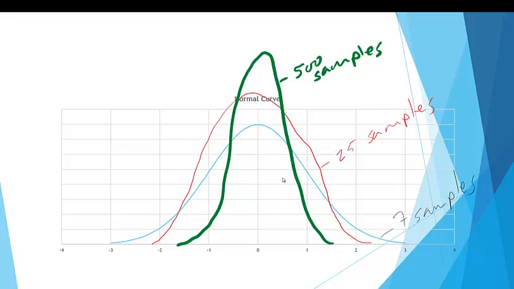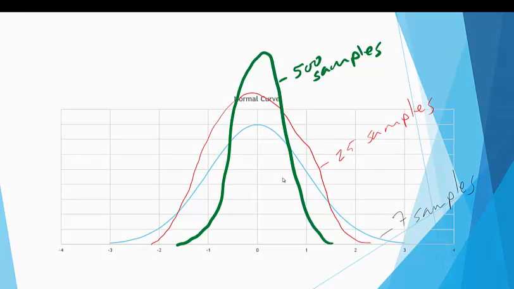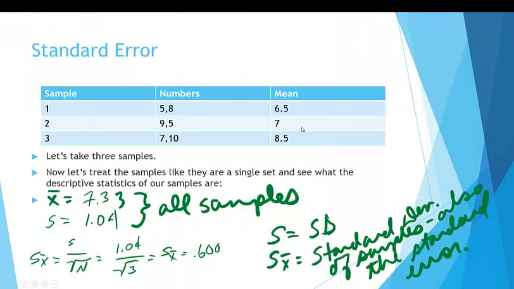So let's look at this in practice. Let's use a couple of examples of how we can use this. We're going back to our population of those 6 digits, 5, 6, 7, 8, 9, 10.